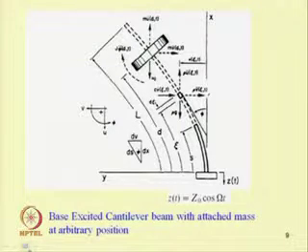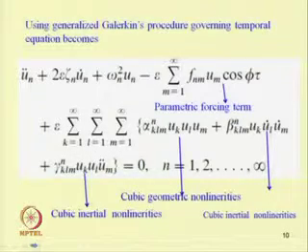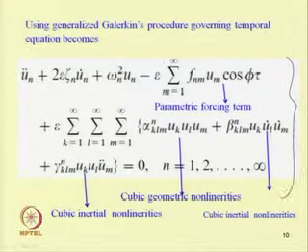So, let us take another example. In this example, this is a base excited cantilever beam with an attached mass at an arbitrary position. In this case, for different positions of the mass, one can observe internal resonance, and instead of a single equation, the governing equation of motion can be written in this form. This is the governing temporal equation of motion.